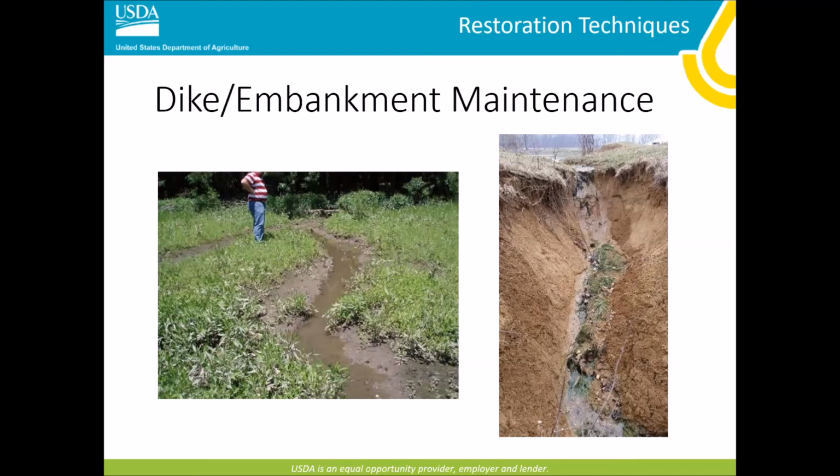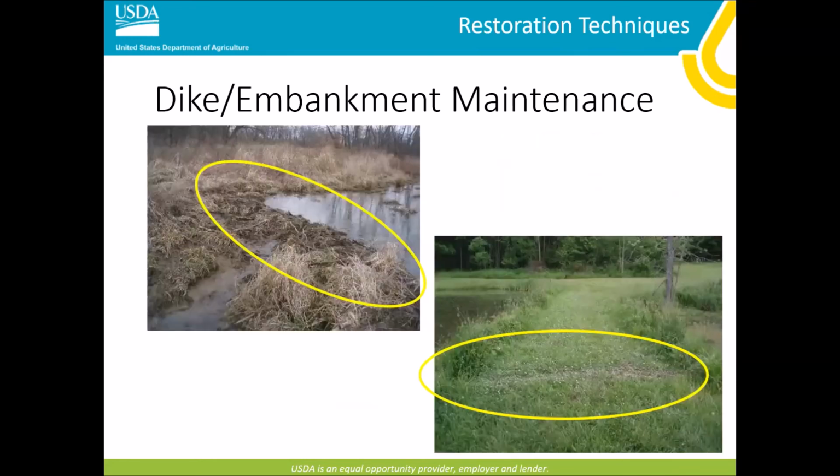Why is my embankment washing out? And the picture on the right, I'm not even going to talk about that. That's an unfortunate situation on an embankment in a wetland site that occurred. There are just so many times that these embankments don't last. So be very careful when we do specify an embankment. Next slide. So we're worried about overtopping.